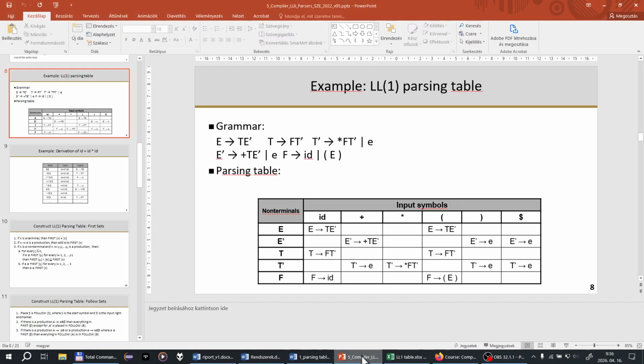As you can see here, we have the non-terminals in the rows and the terminals in the columns.